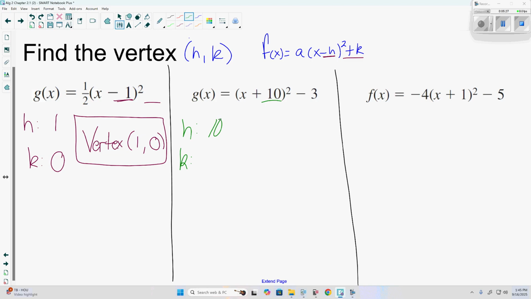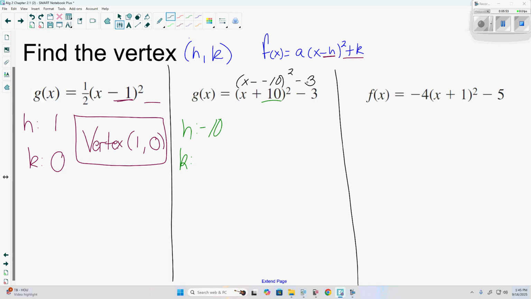Negative 10, because for it to match the general form, x minus h, the only way we could go from x minus h to x plus 10 is if that value of h is negative. Our negative and negative would give us that positive, so the value of h is indeed negative 10.